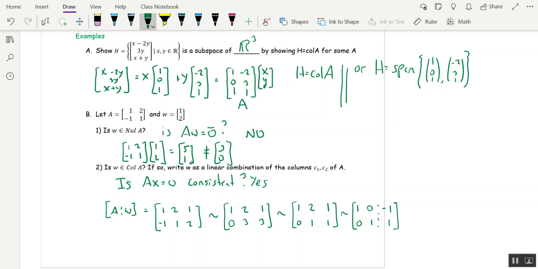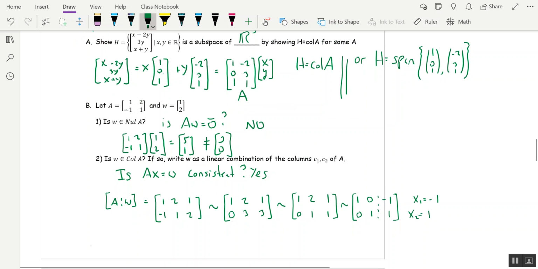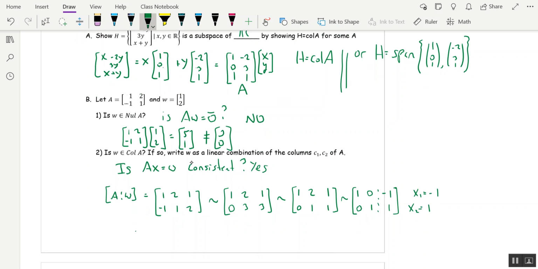And so write W as a linear combination of the columns of A. My solution here is x2 equals 1, x1 equals negative 1. Those are the weights in the linear combination. So W is negative 1 times the first column of A plus 1 times the second column of A, which is negative C1 plus C2.